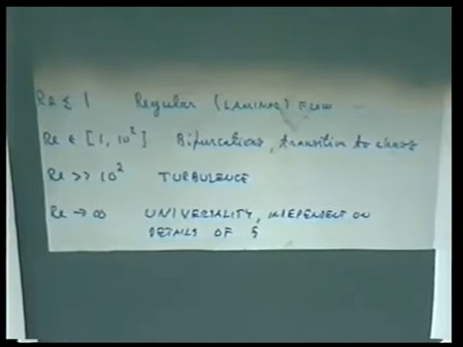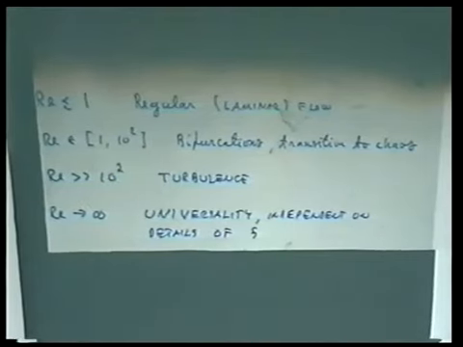In the limit of very large Reynolds number, 10 to 6, 10 to 7, which is not large if you think about it, it's very easy to have 10 to 7 in air, in regular circumstances, or in water. When it becomes very large, one observes universality in the sense of the talk of Tom Spencer.